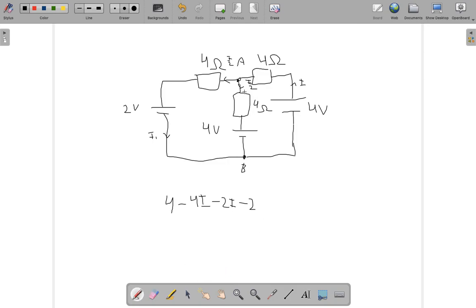Let's rewrite now for this branch over here. We have minus 2I from the resistor, minus 4 from this. That equals 0.